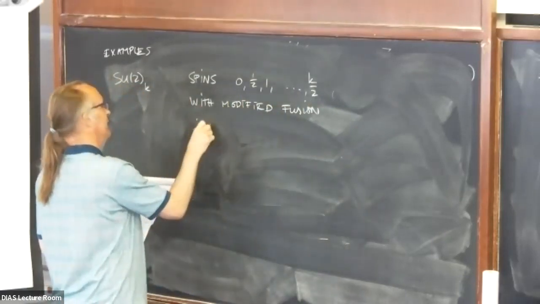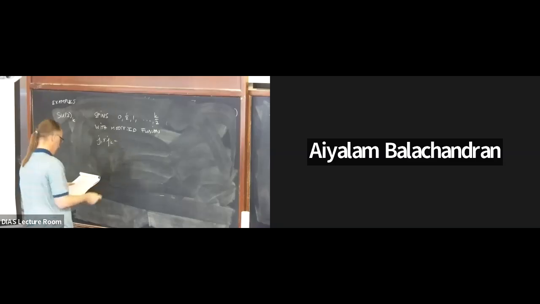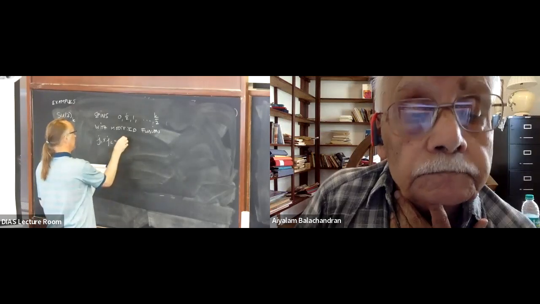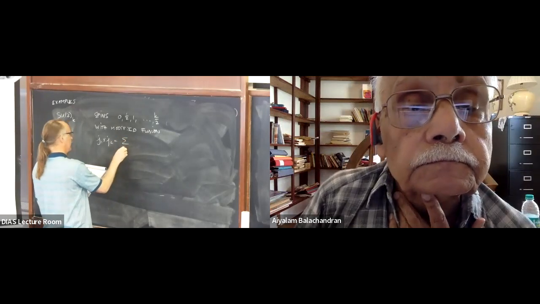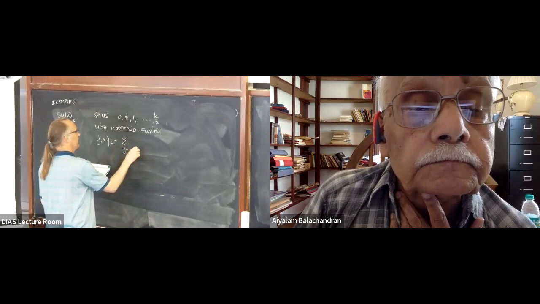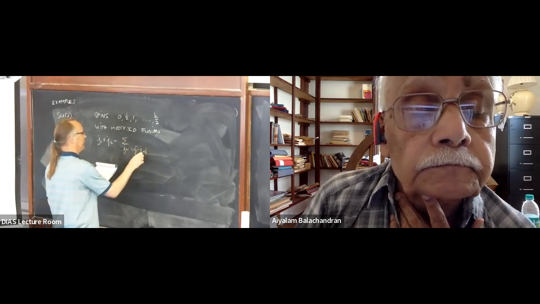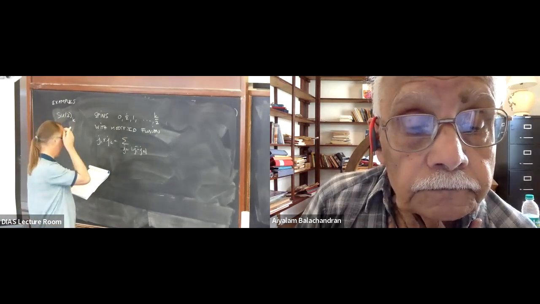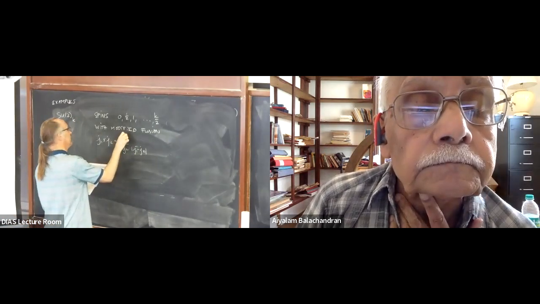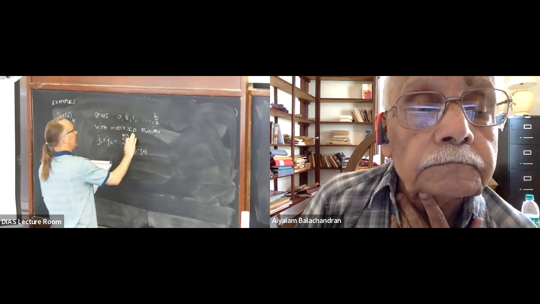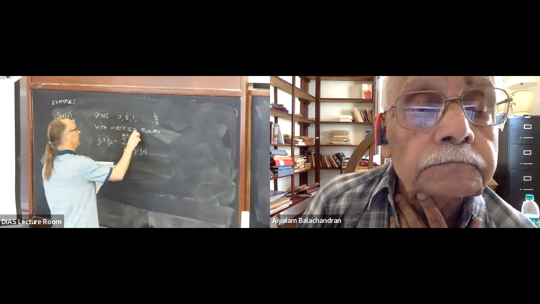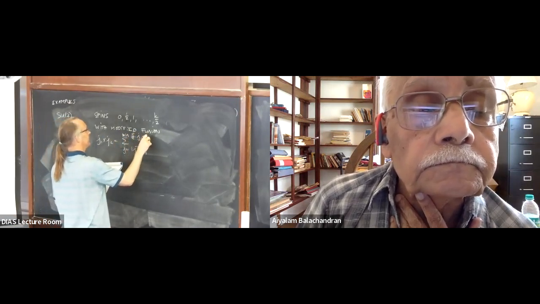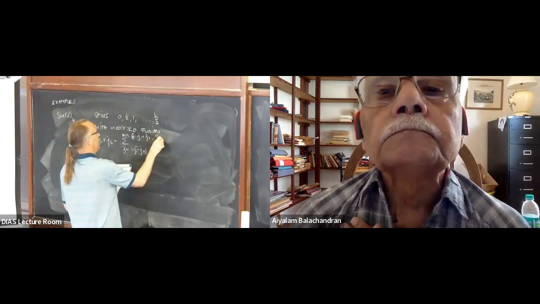Now we have to take j1 times j2 is the sum of J running from, well, the minimum is the same as before, so this is the absolute difference. But we don't necessarily go up to the sum, we go to the minimum of either the sum of the two, or k minus the sum.